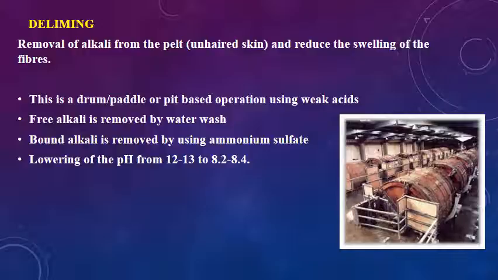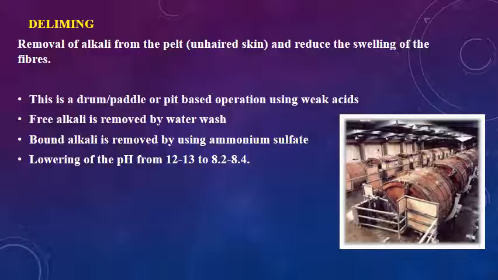So this is done in a drum, using weak acids. Sometimes we can also use other compounds like different kinds of salts of ammonia. Here the free alkali is removed by water wash, that is, part of the alkali remains as free, whereas part of the alkali will be bound with the collagen fiber.